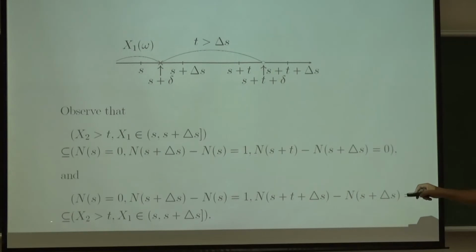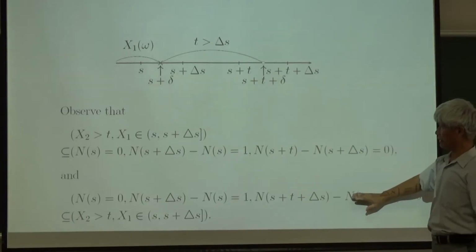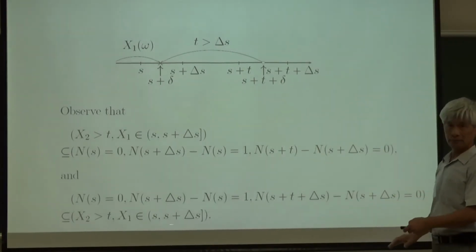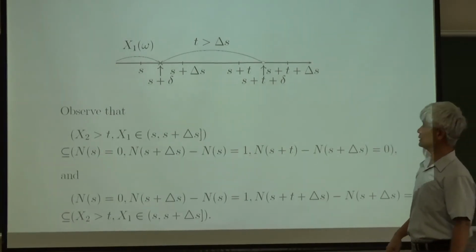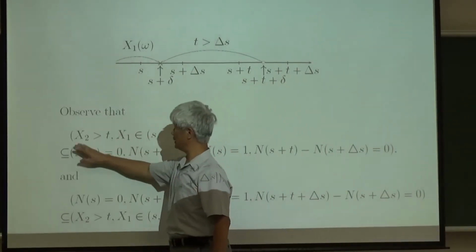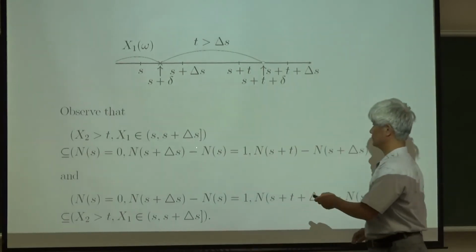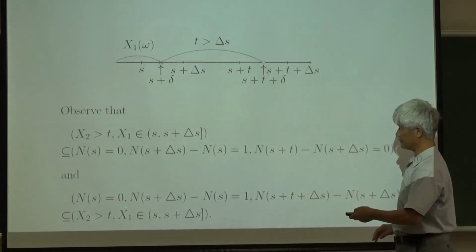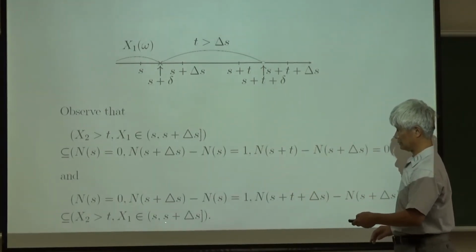You can see that the second arrival time will be greater than T. So this event is smaller than this event. Okay. Right. So I have a bigger event than this one, and I have a smaller event than this one.